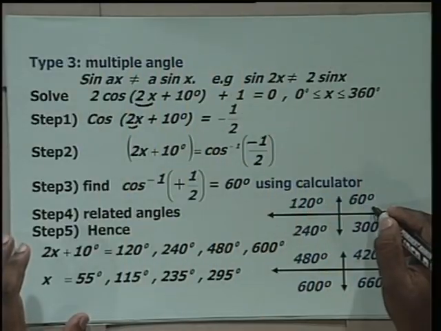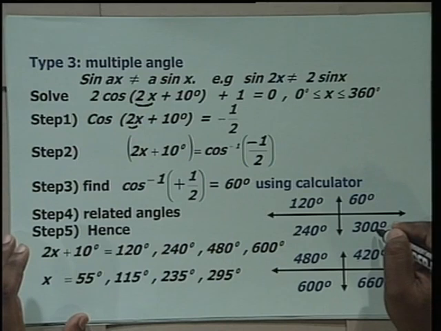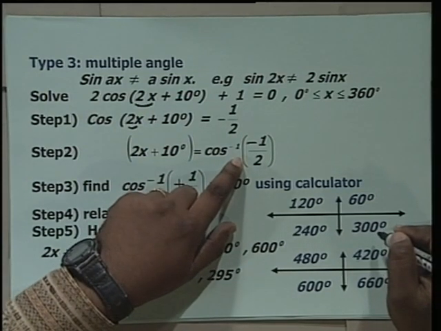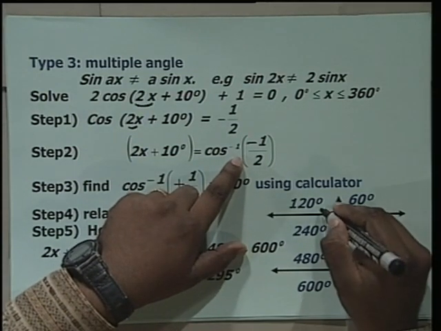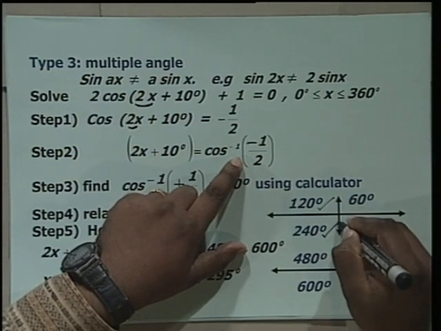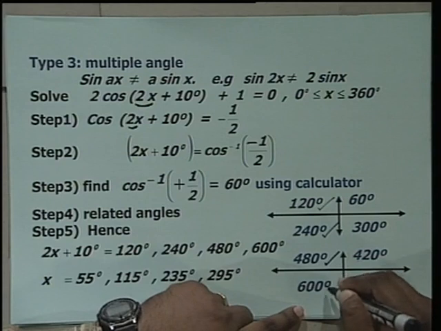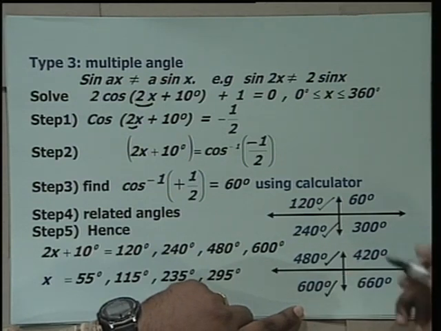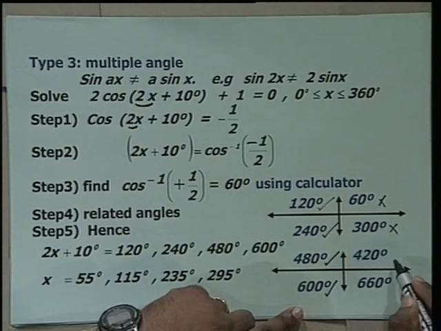Therefore, we are going to take angles which are in quadrants in which cos takes negative value. So as you know, cos is positive in first and fourth. But since we are looking for cos inverse of minus half, we'll take angles in the second and third. We are going to discard all the angles in first and fourth.